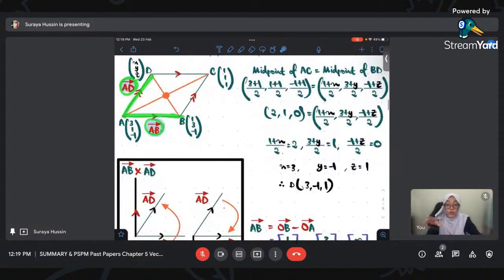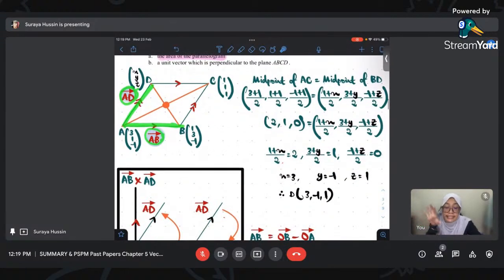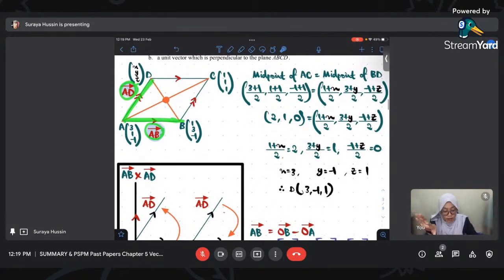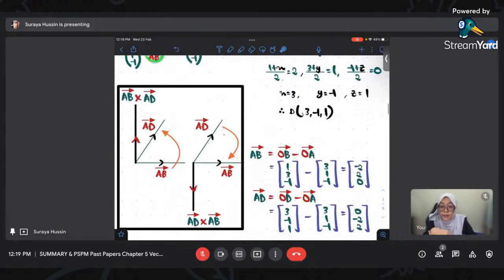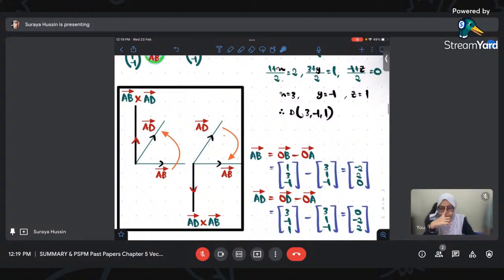So, now I don't have to worry because I already have the D coordinate. And so, this is where I draw and explain to you all just now that we need AB and AD sama ada thumbs up, and I will get AB cross AD sebab ni anti-clockwise.